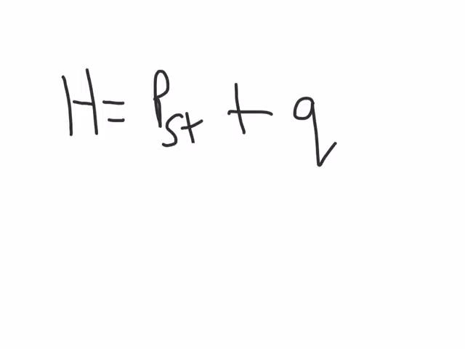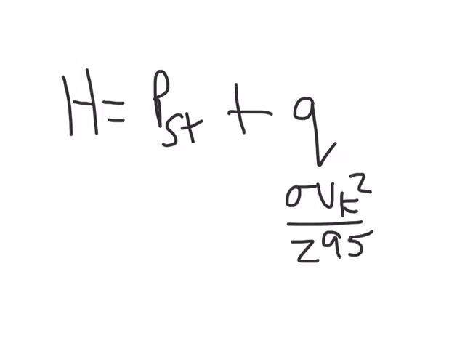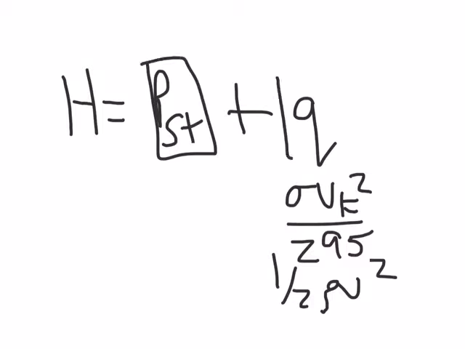And again, they're showing it here as density ratio, velocity in knots squared divided by 295. But this is the same thing as 1/2 rho v squared. Okay? So this is your equation for Bernoulli. Static pressure plus dynamic is going to equal total pressure.